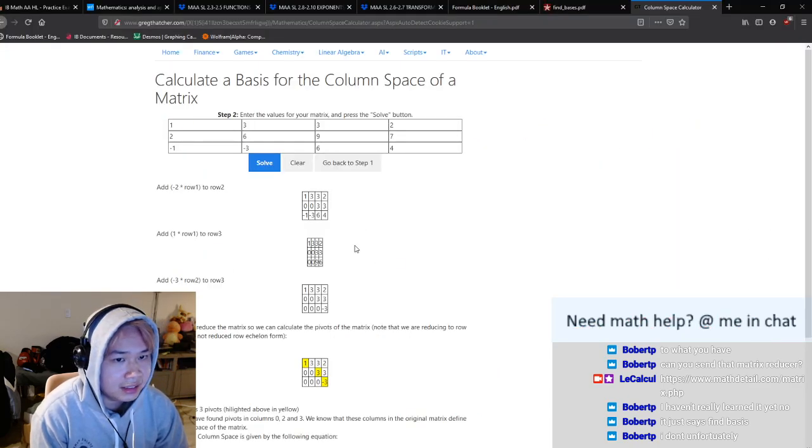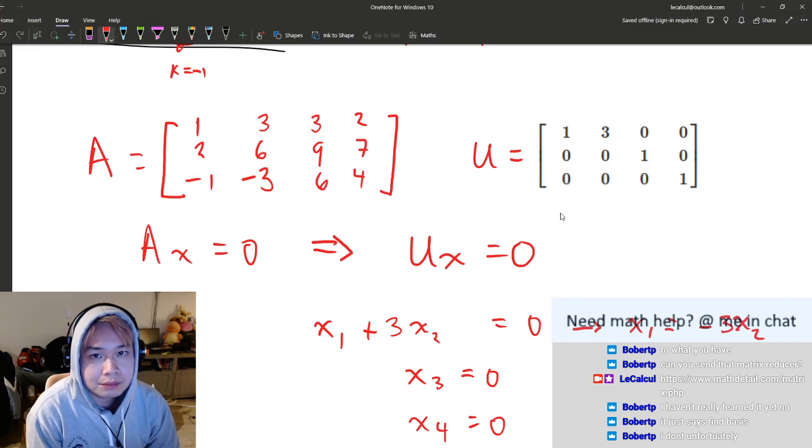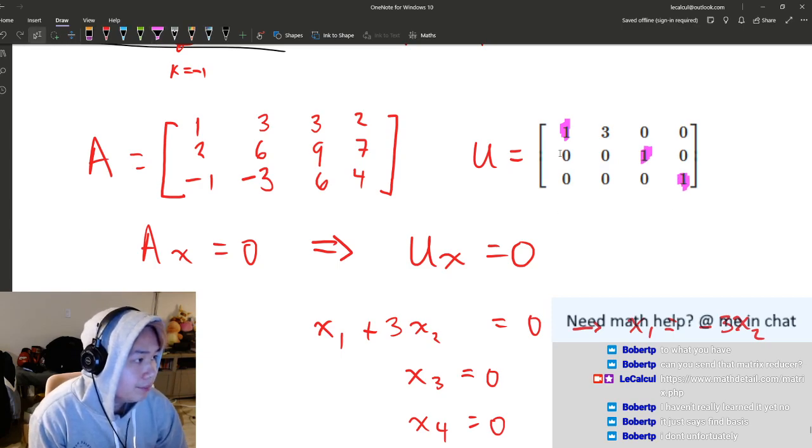Because what this is saying here is once you've reduced this to some sort of echelon form, then wherever you have leading ones, the original vectors in those columns form your basis. So your basis of your column space is the first vector, the third vector, and this vector right here, the fourth vector.